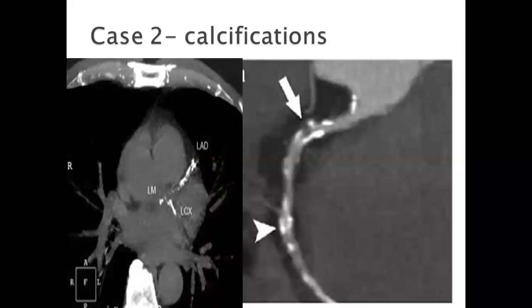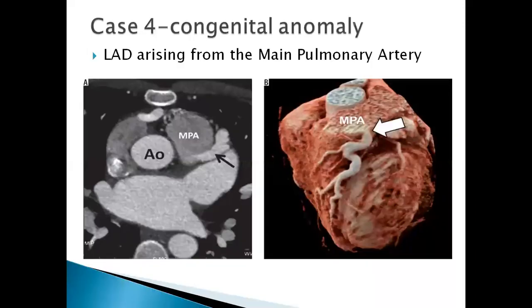This image also shows a vessel with calcifications right here. They are kind of scattered throughout the vessel all the way up to where it's ending. Then this image is showing a congenital anomaly where the left anterior descending artery is arising from the main pulmonary artery instead of from the ascending aorta.